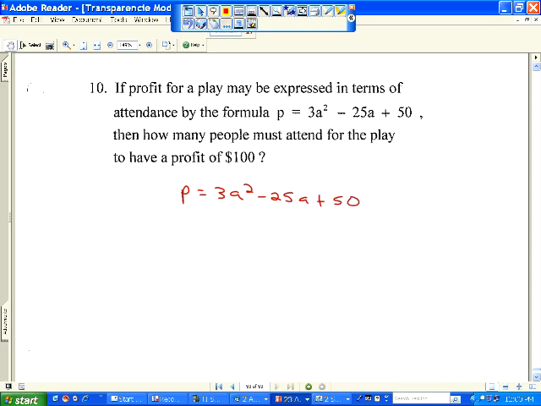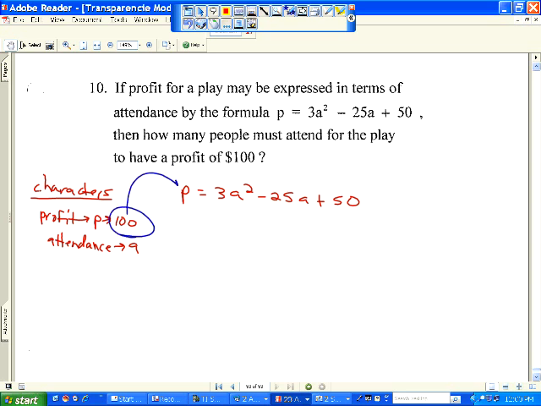We're going to make it our equation, and we're going to make the characters of the story the pieces of my formula, profit P, which we know to be 100, and attendance, we don't know, it's been assigned the variable A. So we want the attendance that would create a profit of 100.